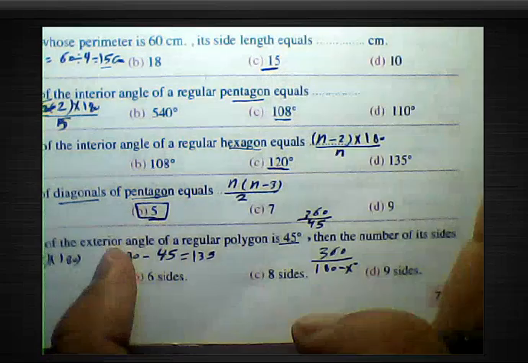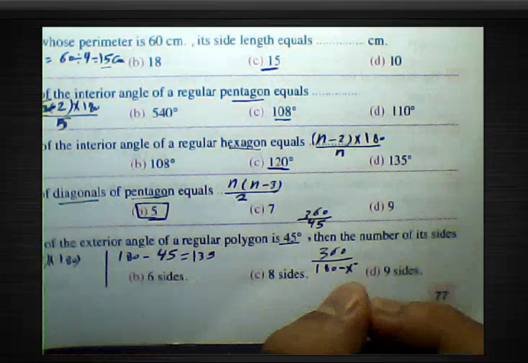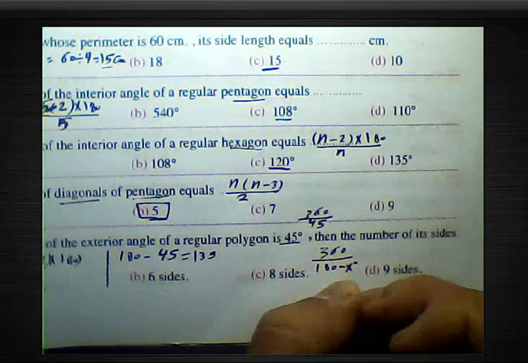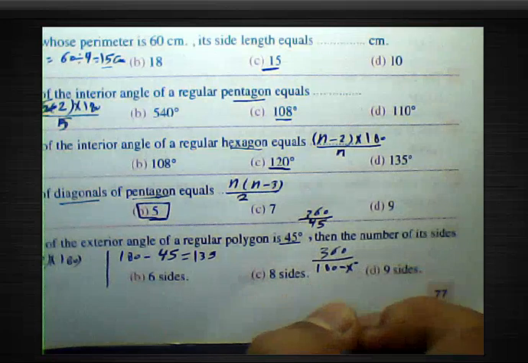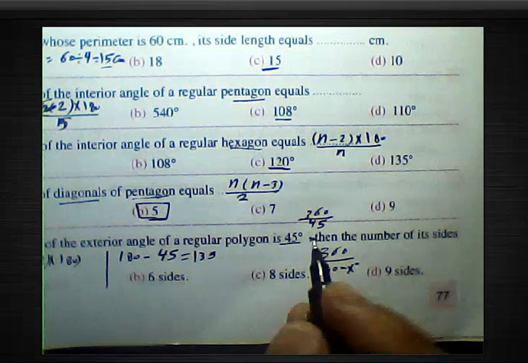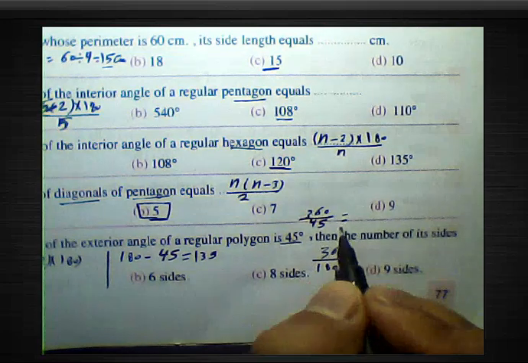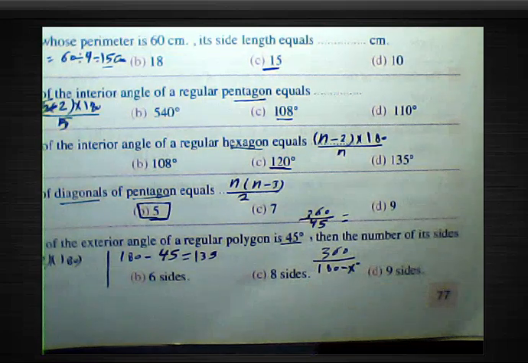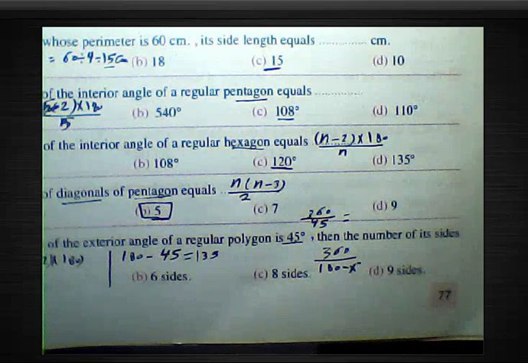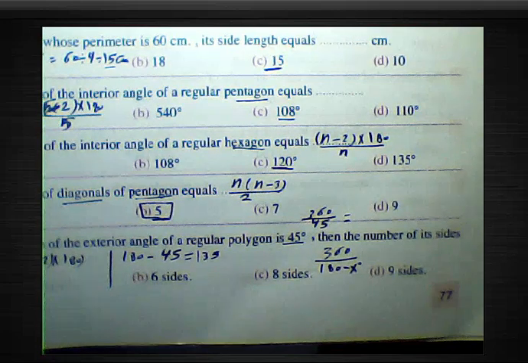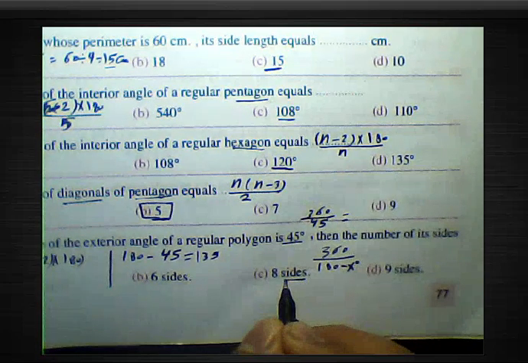If you are given the exterior angle, you put it in directly, in place of 180 minus x. The result will be 360 over 45. To find the result, divide them. It will be 8 sides.